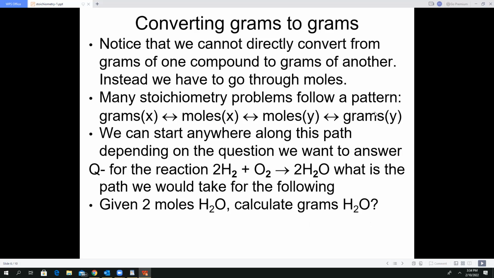I was trying to highlight it, but I can't. I guess I have to use my annotation tool. Yeah, this one right here. Where would you start on there to solve this problem? Notice it says 2 moles of water, calculate the grams of water, and where would you end?